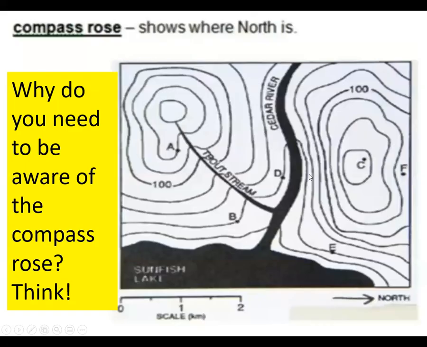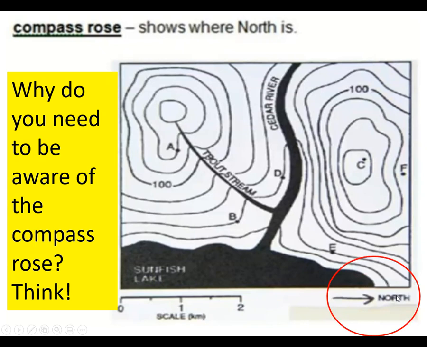Why do you need to be aware of the compass rose? Now the compass rose here tells you that this is north right here. I hope you can answer that question. If you do not know your compass rose in your map, then you will definitely get lost. You need to know your compass rose so that you'll know where is the north, where is the east, south, and west. And you need to position your map properly based on your compass rose.